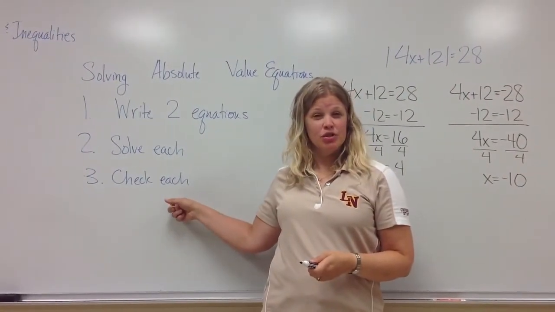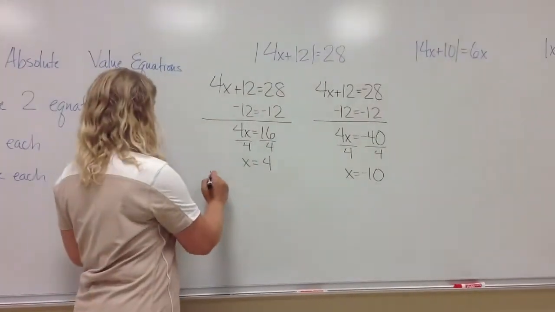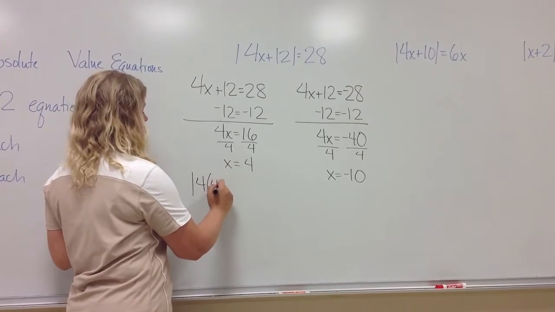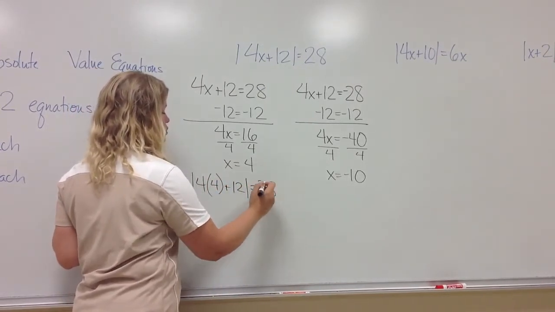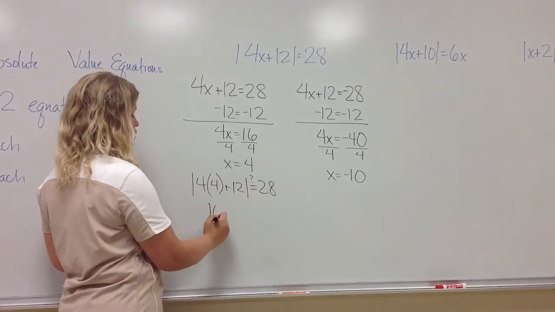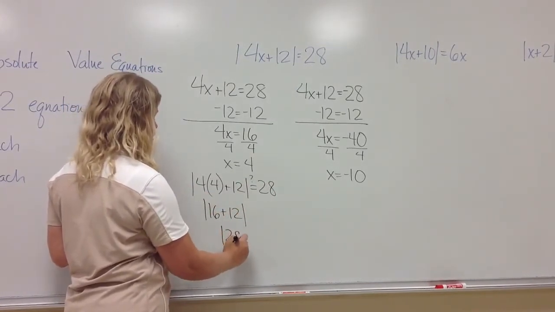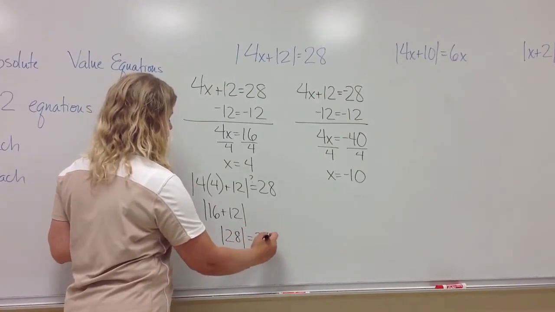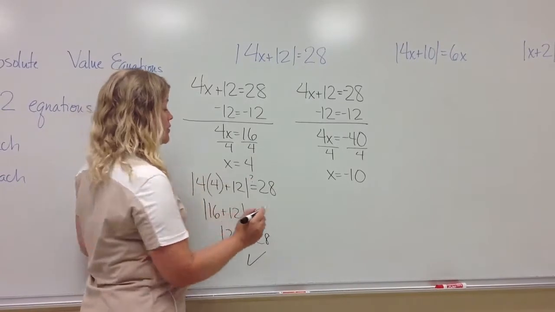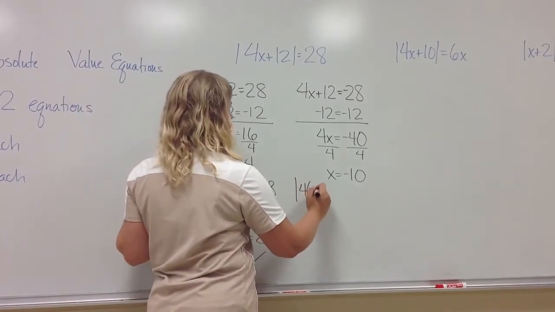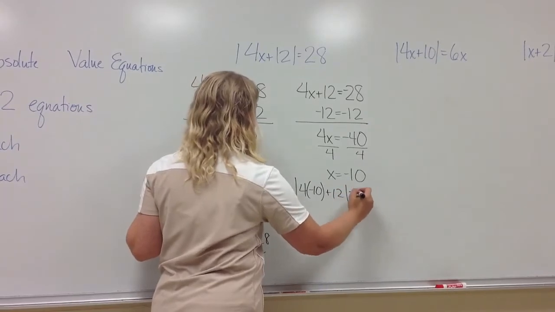We still need to check them though. Take the number and put it back in the original. If we have the absolute value of 4 times 4 plus 12, does it give us 28? Well, 4 times 4 is 16, plus 12. 16 plus 12 is 28. And the absolute value is what you need. Let's try -10. 4 times -10 plus 12, does it equal 28?